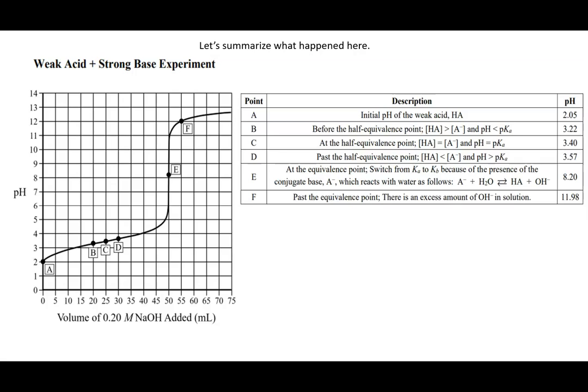The next thing we're going to tackle is the opposite, or the converse. We're going to tackle a strong acid and a weak base, and we'll see what happens when we do that experiment. And we'll see that really it's the same thing, only the curve is the mirror image of this. But we'll go through these calculations, so stay tuned.